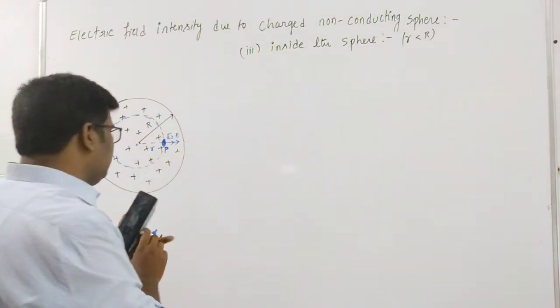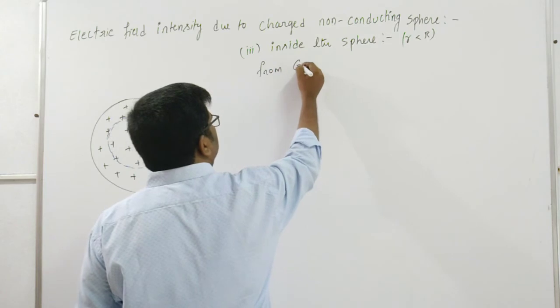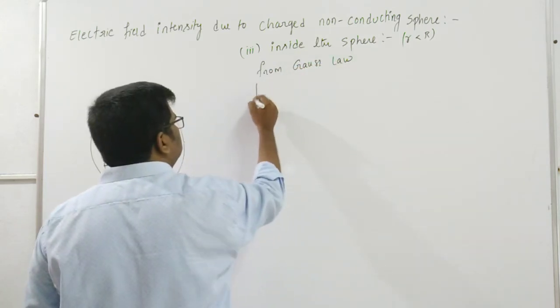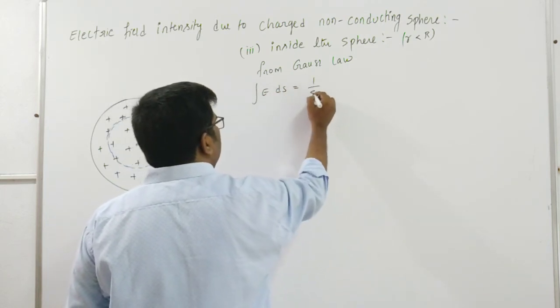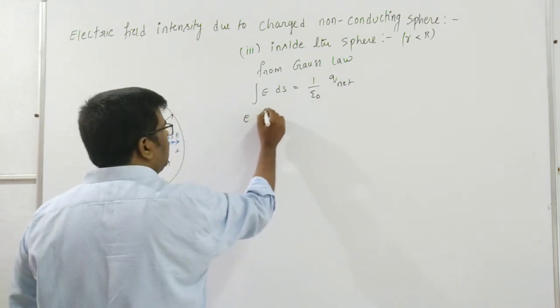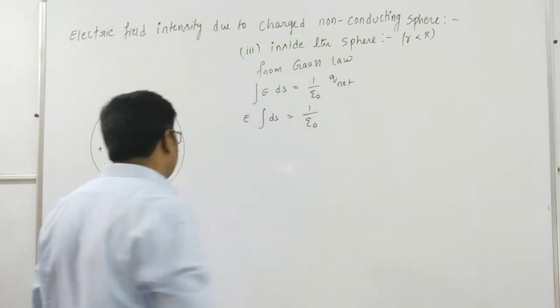Then from Gauss law we can write, integral E ds equal to 1 by epsilon naught times the net charge. What is the net charge?